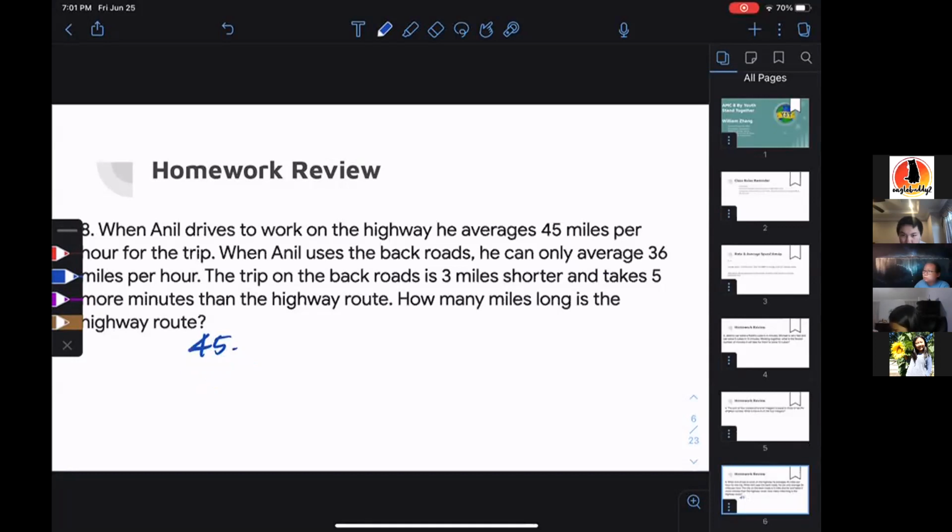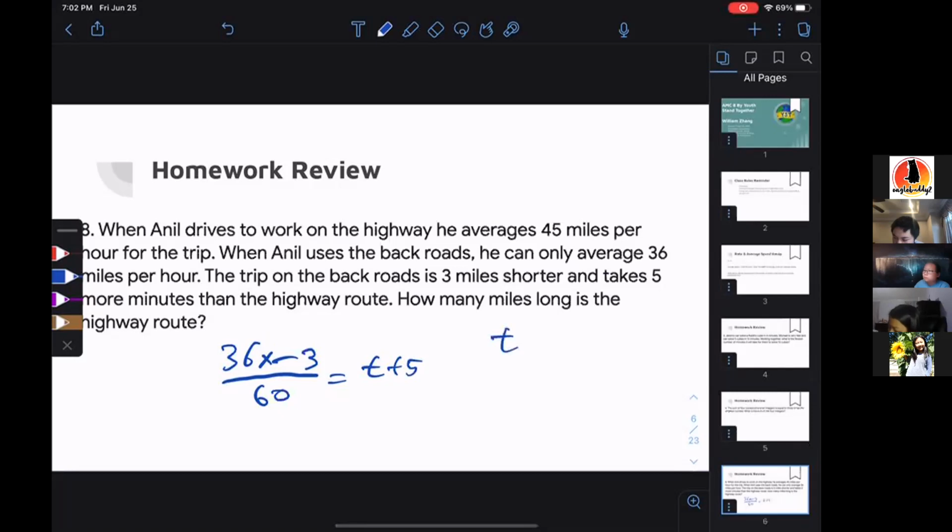So 36x minus 3 over 60 equals s plus 5, or t plus 5. Sorry. That's for the back roads.